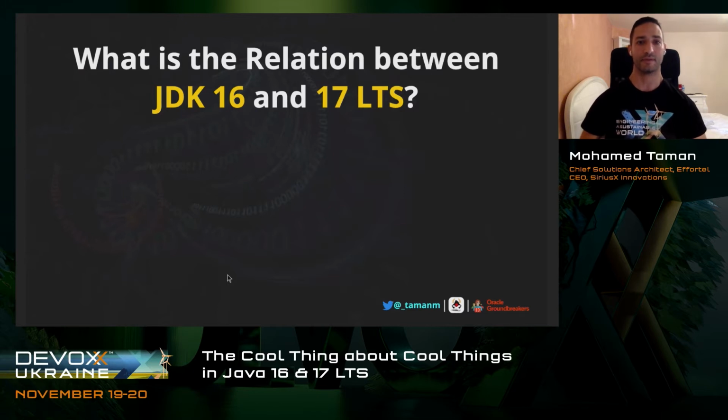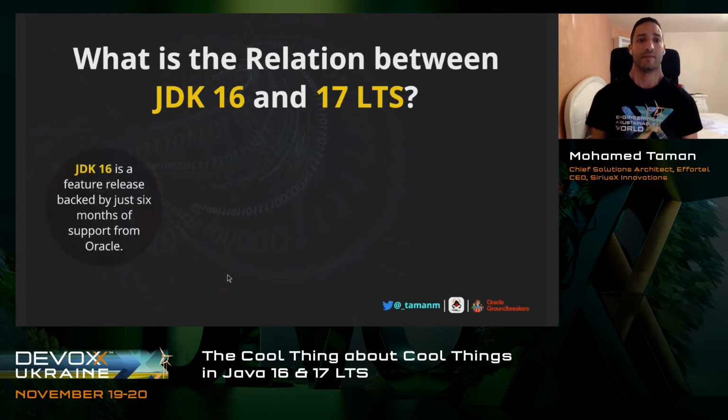Before that, I would like to explain the relationship between JDK 16 and 17. It was like a foundation, because as you know, JDK 16 is a feature release cadence. We call it this whenever we don't reach an LTS, long-term support. We always have a feature release backed by 6 months of support.